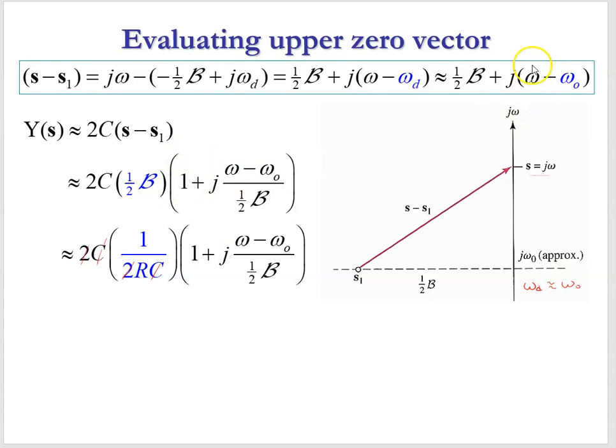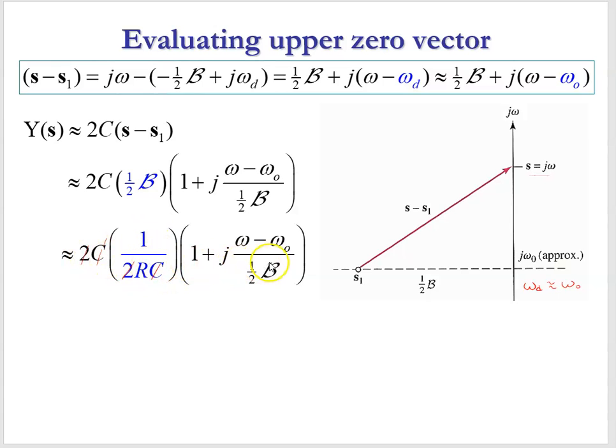Just using some algebra to pull out the half bandwidth in both of these terms, and when we substitute in for our half bandwidth, our 1 over 2RC, that's our alpha.